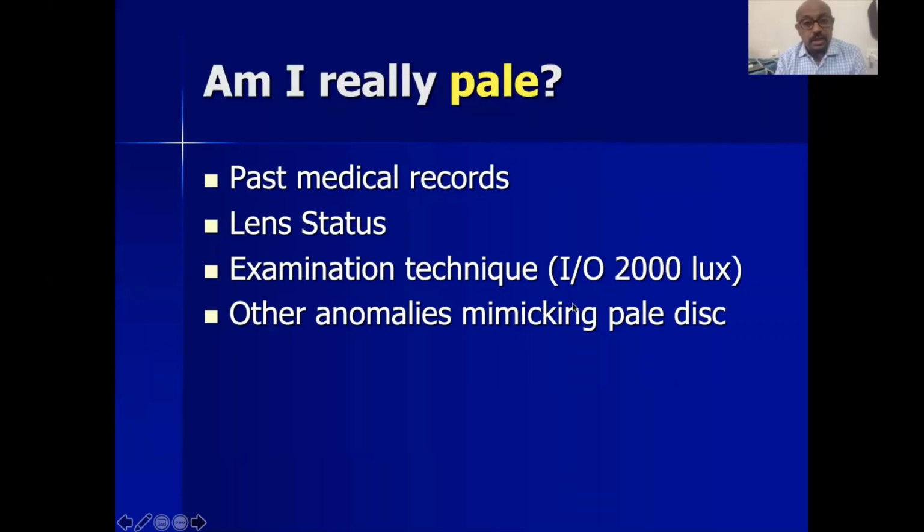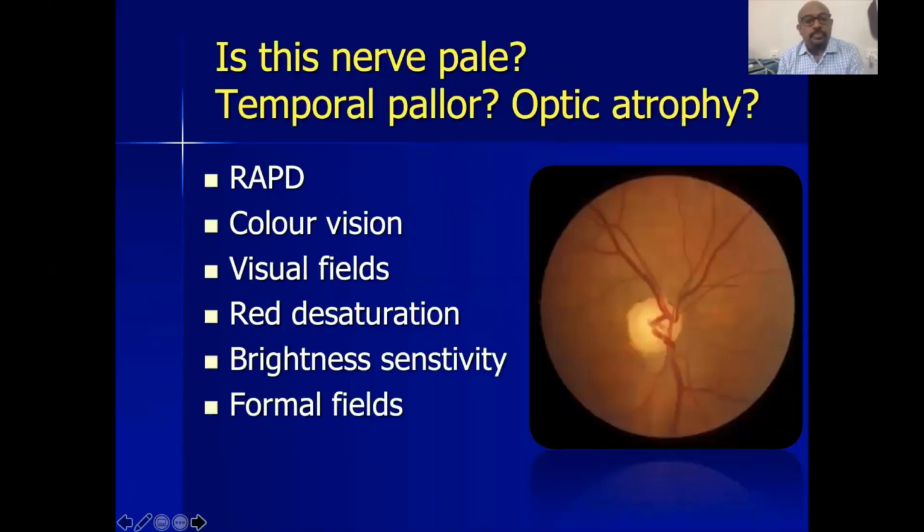Examination technique also matters: if you're using a very bright light source, like an indirect ophthalmoscope with more than 2000 lux, you might end up altering the color of the optic nerve because of the bright light going in. There are also other anomalies mimicking a pale disc, like a myopic disc and whatnot.